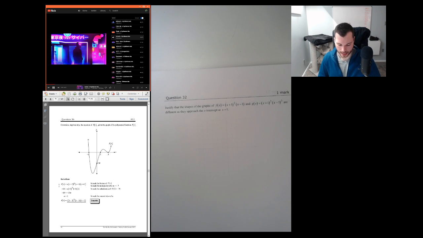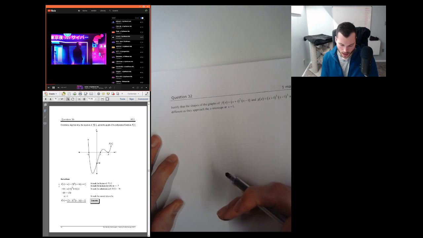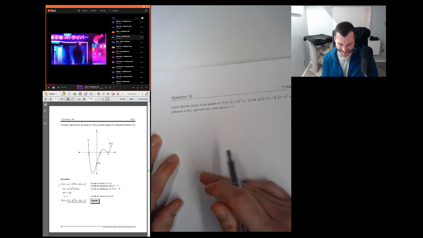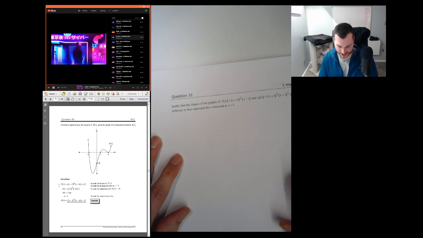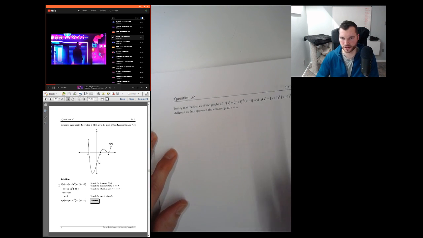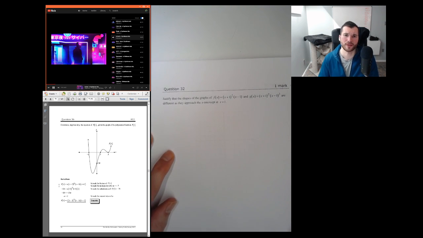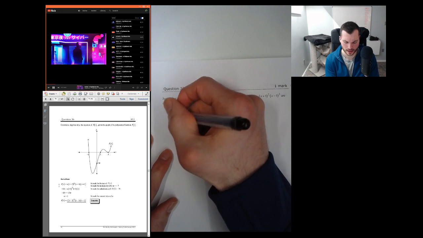Okay, let's go ahead and do this one. Justify that the shapes? I mean, the explanation is good enough for this. This would definitely be easier to just explain.